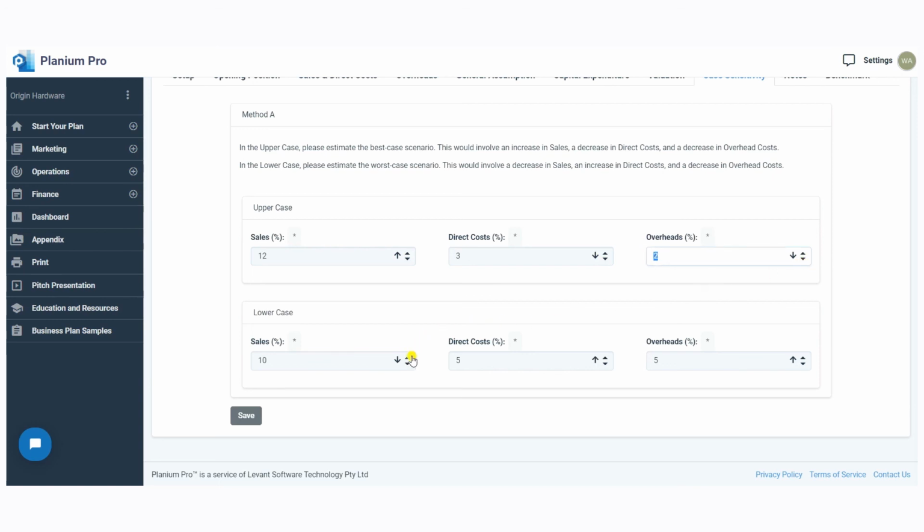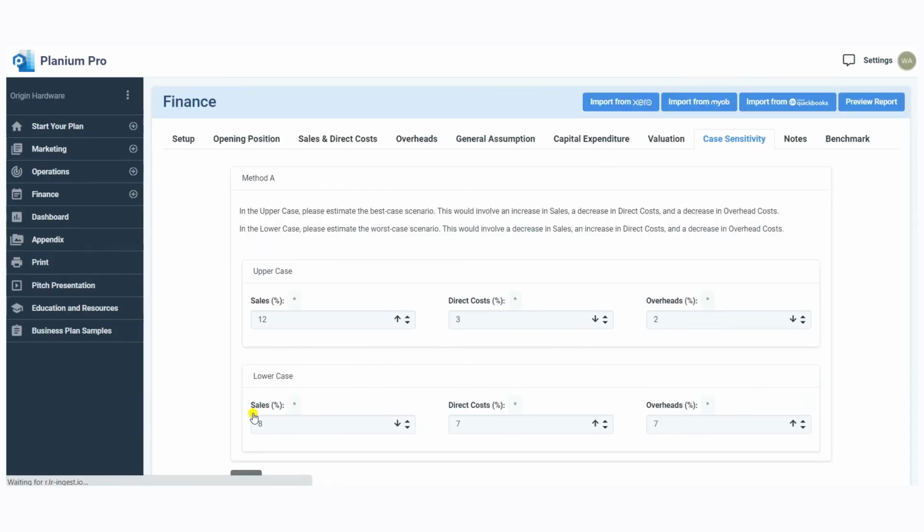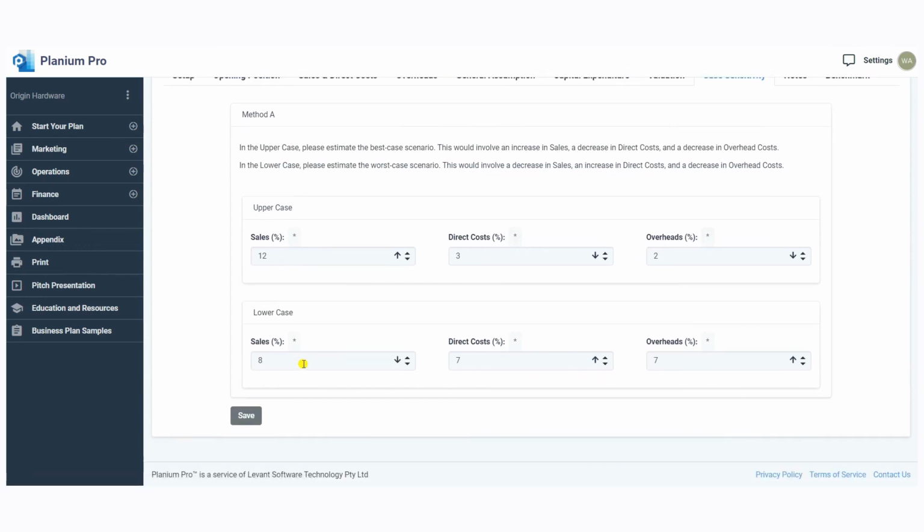And in the lower case, estimate the worst case scenario. This would involve a decrease in sales, an increase in direct costs, and a decrease in overhead costs. Use a negative sign where necessary. In this exercise, we can see how the value of the company changes in different cases in order to better assess risk and plan ahead. If, for example, sales decline.